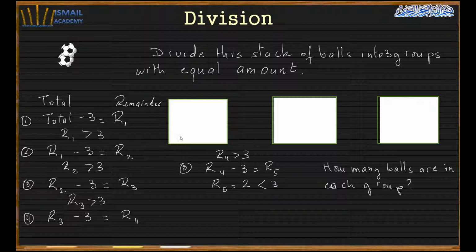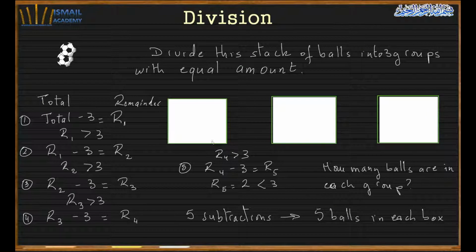So I have 5 balls here. So the number of balls here is 5. So we have 5 subtractions. So that means that I have 5 balls in each box. Let's check if I'm wrong or right.